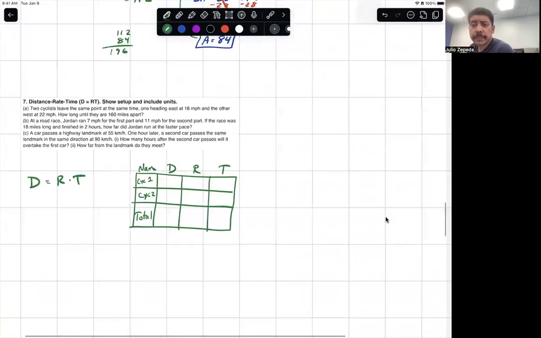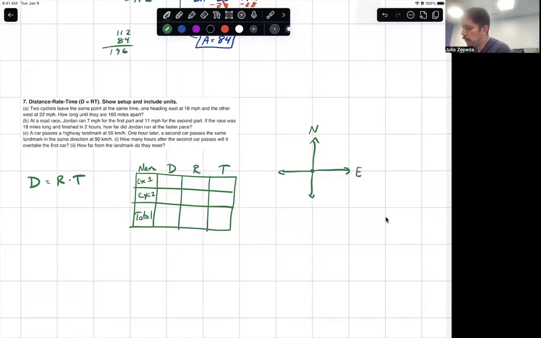Okay, let's draw a little picture. It's always a good idea to try to draw a picture. We know that north, east, south, and west, oops, never eat soggy waffles, are in clockwise order.